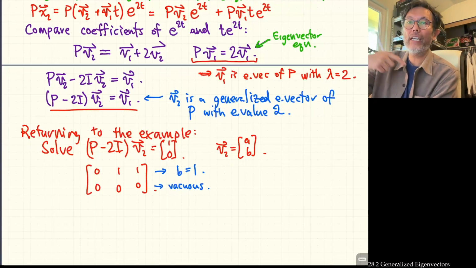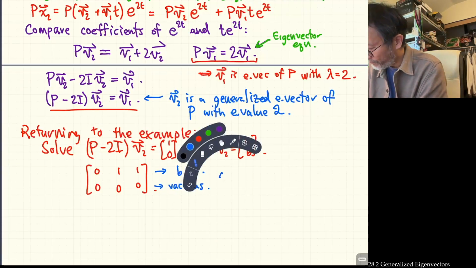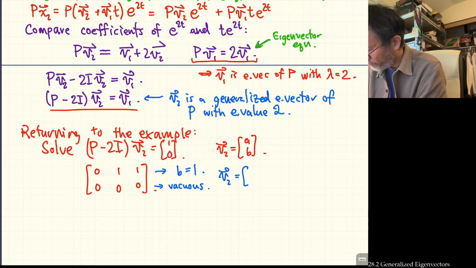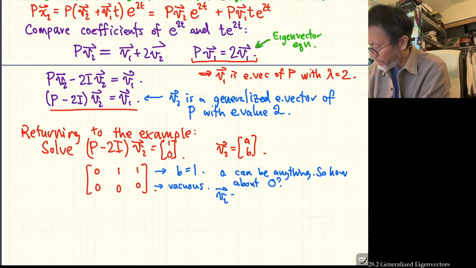A is therefore allowed to be whatever it wants to be when it grows up. So we might as well just make it 0. So choose, A can be anything. So how about 0? In which case V2 is equal to the vector 0, 1.